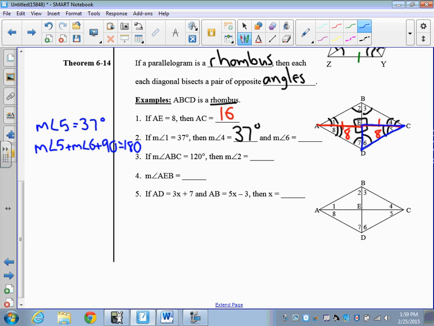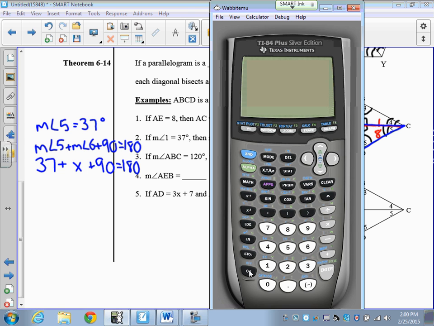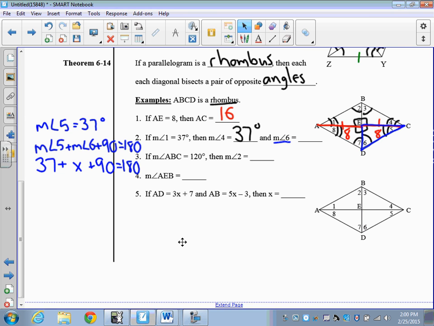Do you see that blue shape I drew as a triangle? Those 3 angles have to add up to 180. So whenever I substitute 37 plus, we'll call that x, plus 90 equals 180. Remember, I'm looking for the measure of angle 6. So all I have to do is just subtract those numbers. So it's 180 minus 37 minus 90. We get 53.